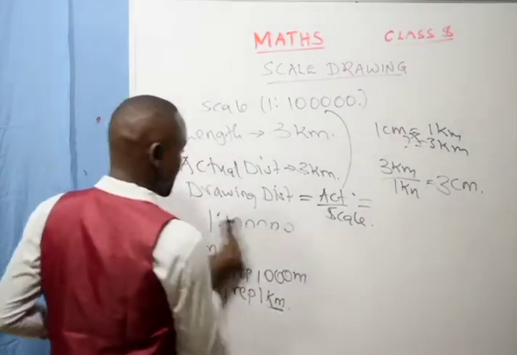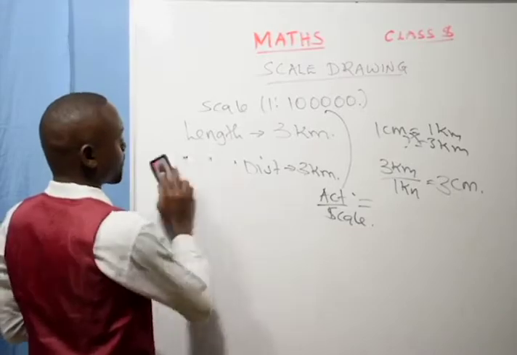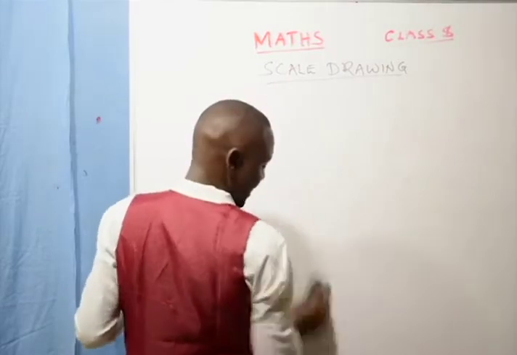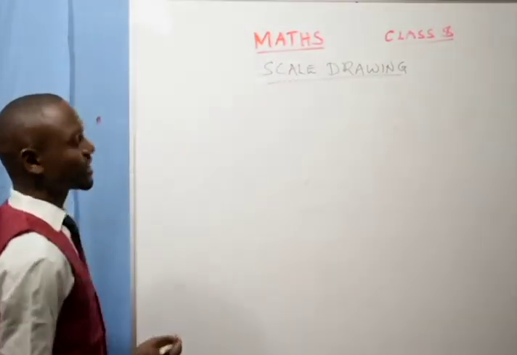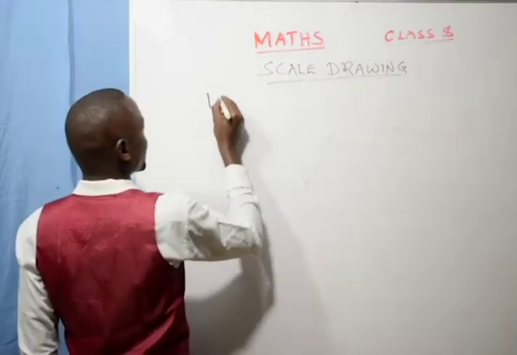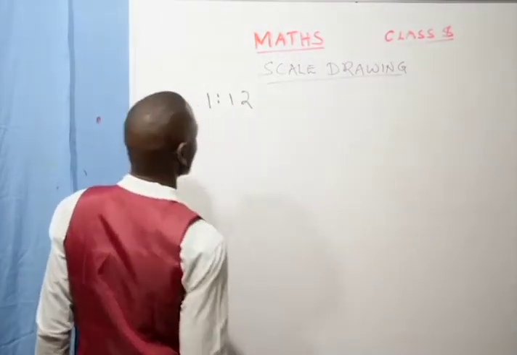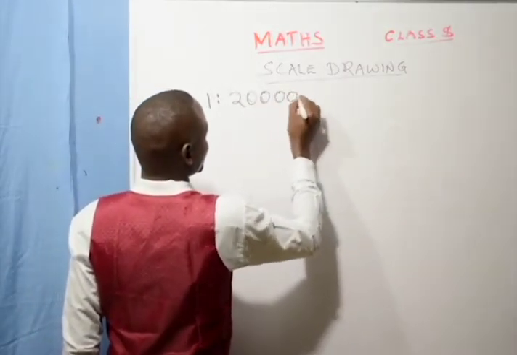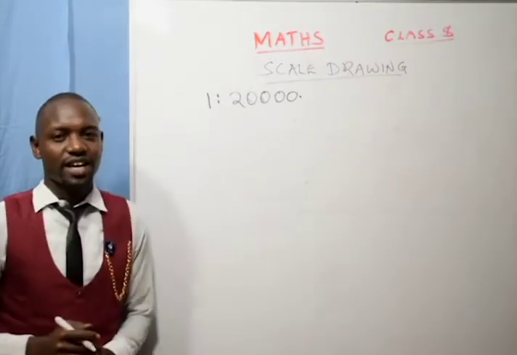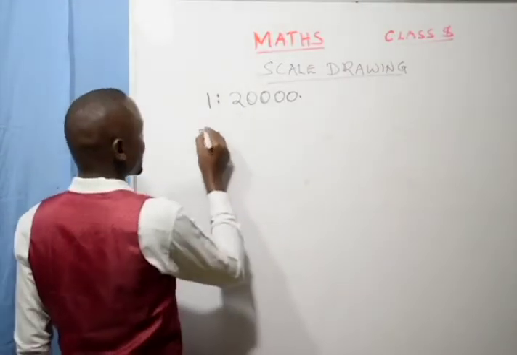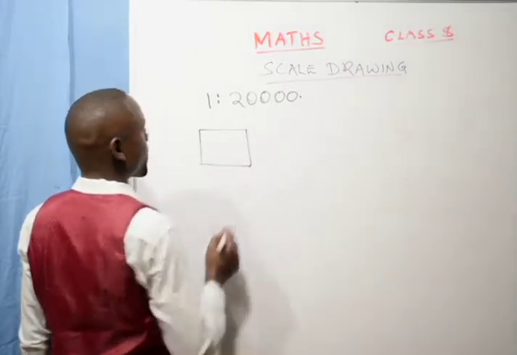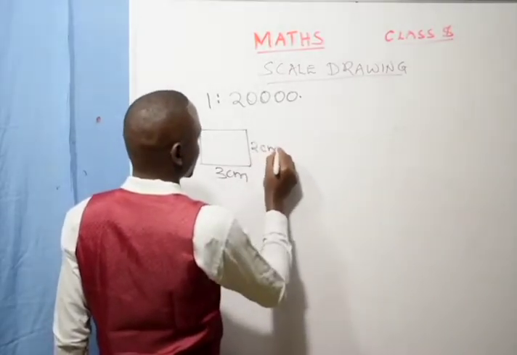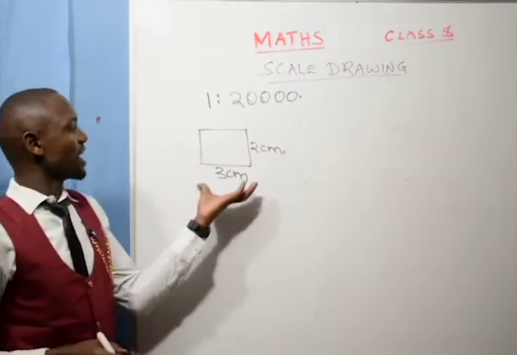Sometimes we'll be given questions like: a rectangular plot of land is drawn on a map whereby the scale is 1 is to 20,000.